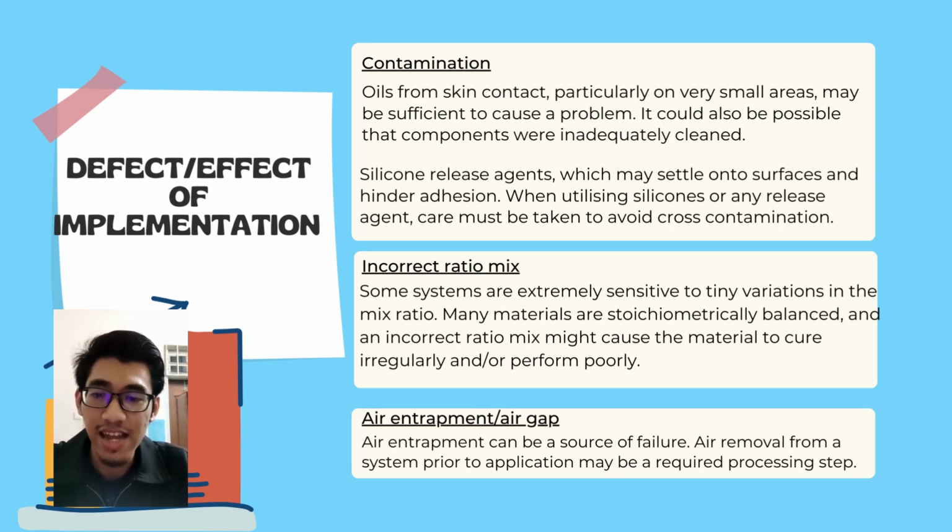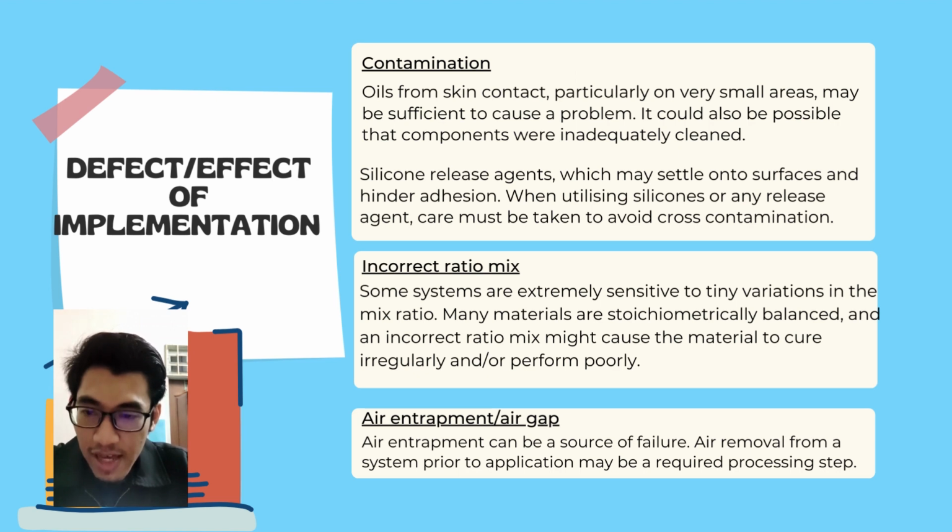Even the materials that are less sensitive to the mix ratio may display somewhat changing properties when the ratio is changed. The mixing of two-component adhesive is a basic process function that is required for this adhesive to perform correctly.